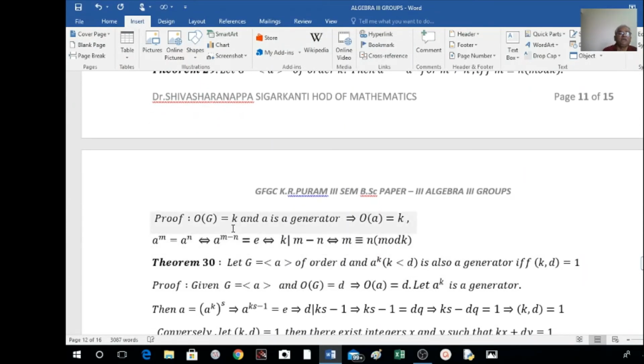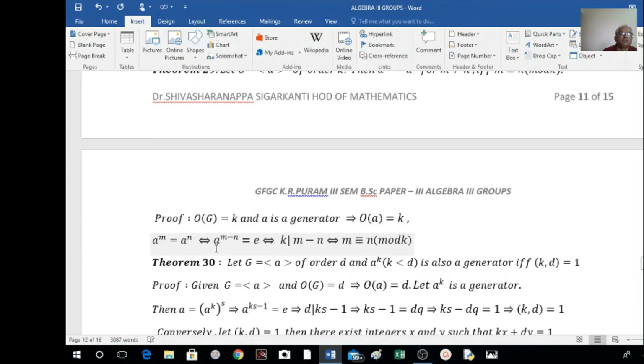Order of G equal to k is given and a is a generator. This implies the order of a is also equal to k. Now, if I consider a raised to m equal to a raised to n, then operating by a raised to minus n on both sides, we write a power of m minus n is equal to e. So a power of something equal to e means the order of this element must divide this power.